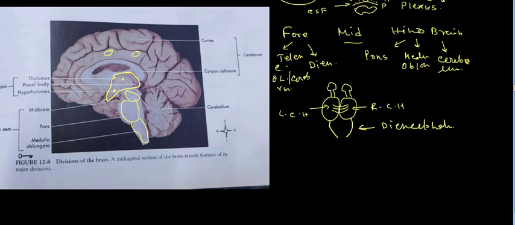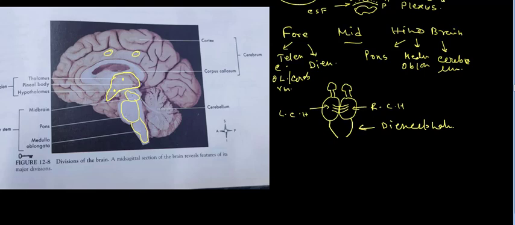There are a few important centers present, a hunger center, a satiety center and a thirst center, which control our intake of food and water. Okay, and the pituitary gland remains associated with the hypothalamus, and you know that many releasing hormones are secreted from the hypothalamus, and these hormones control the function of the pituitary gland.